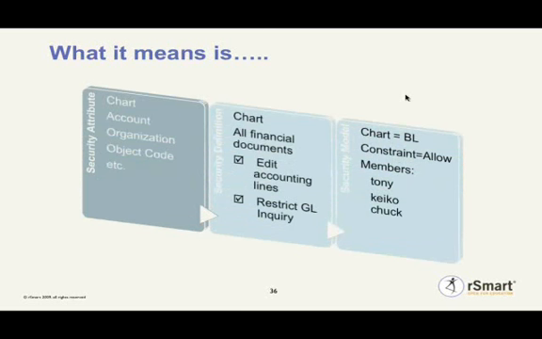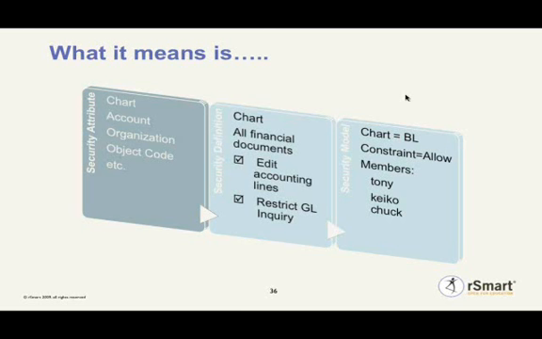So in essence, this is how it's going to work, in a pictorial. Security attributes, again, list the set items that we can put the security on, such as chart, account, organization, object code, and so on. Security definition says, at my institution, I want to use the chart as a security attribute. And what do we want to do?